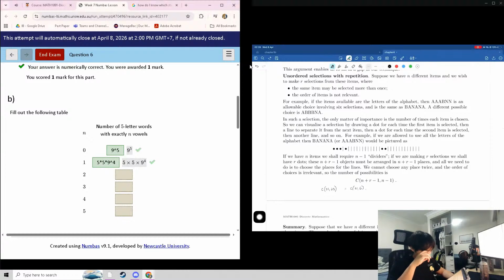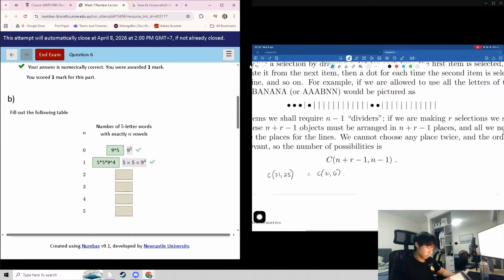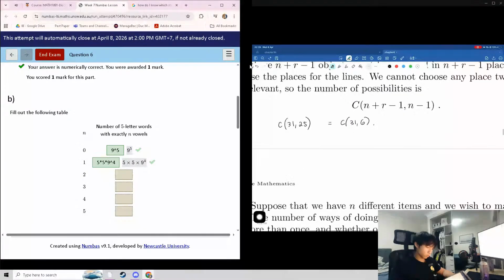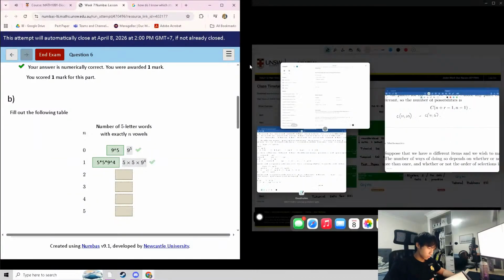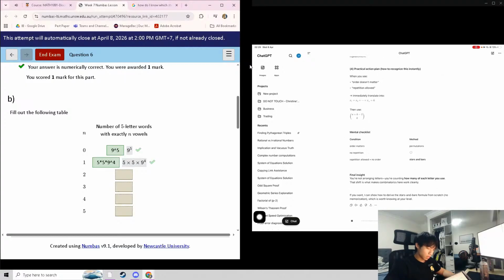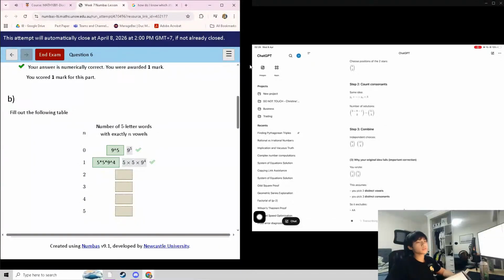Stars and bars. Why is it not n minus 1? Where n, isn't that when it's 4?